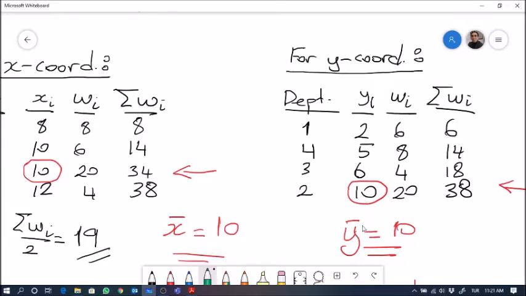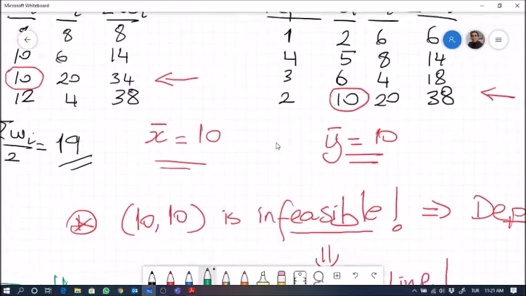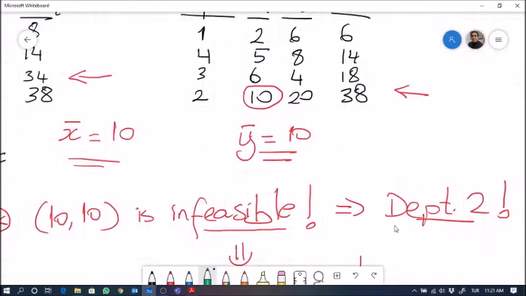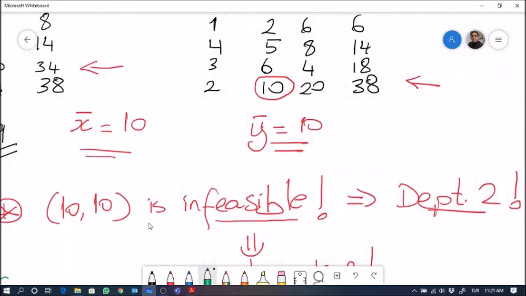So the optimal y-coordinate is 10. However, with 10 and 10 for the x and y coordinates, department 2 is already there. So the 10 and 10 location is infeasible. Why? Once again, department 2 is already there.